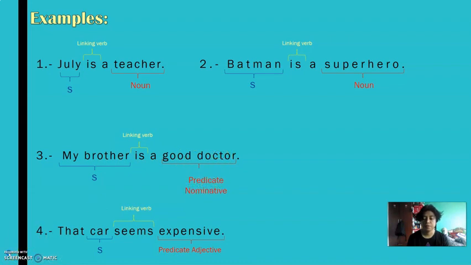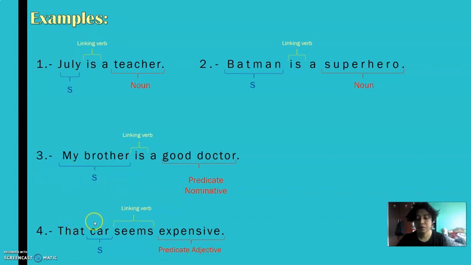This part is important because it is fundamentally a complement to the subject that helps provide additional information or clarify the identity of the subject. And the last sentence, number 4, is that car seems expensive.